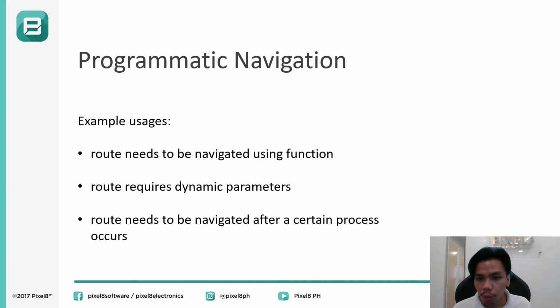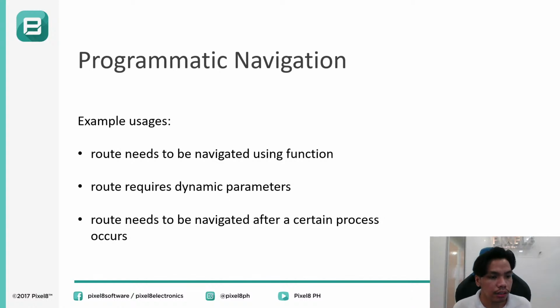Once you click checkout, the user definitely does not click a specific link to redirect to a thank you page. The redirection happens once the function finishes its checkout function, and that is the only time the user is redirected to a thank you page. So that is one example of programmatic navigation.